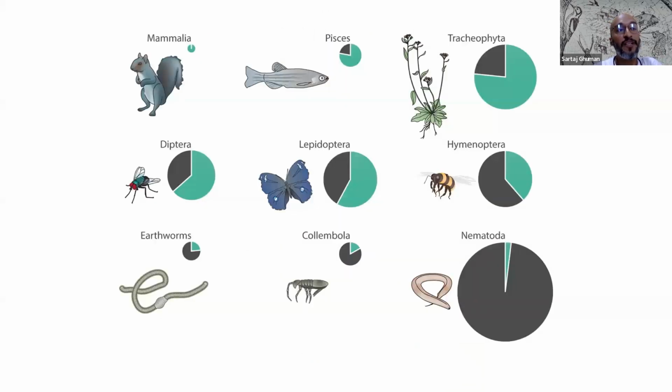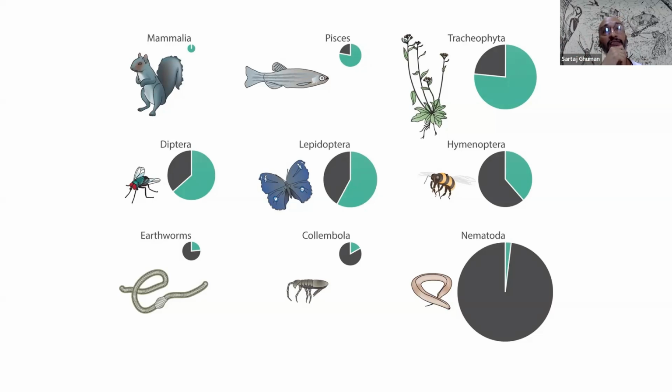And even the life forms that we do know of, that we can see with our eyes, butterflies, for instance, or insects, or nematodes, which are worms that live in the soil, the dark part of these circles are undescribed species, which is species that are out there but have not been described by science yet. We don't even know where to look for them or how to look for them, or if we've seen them yet.